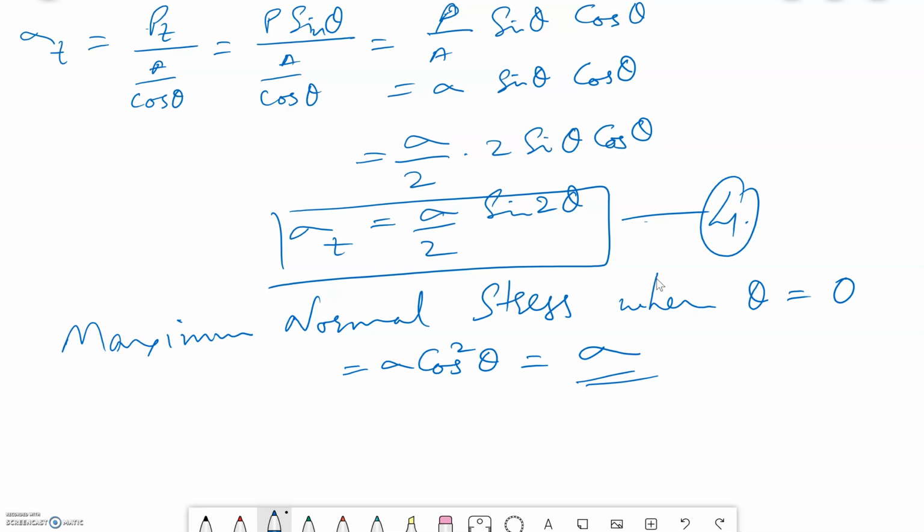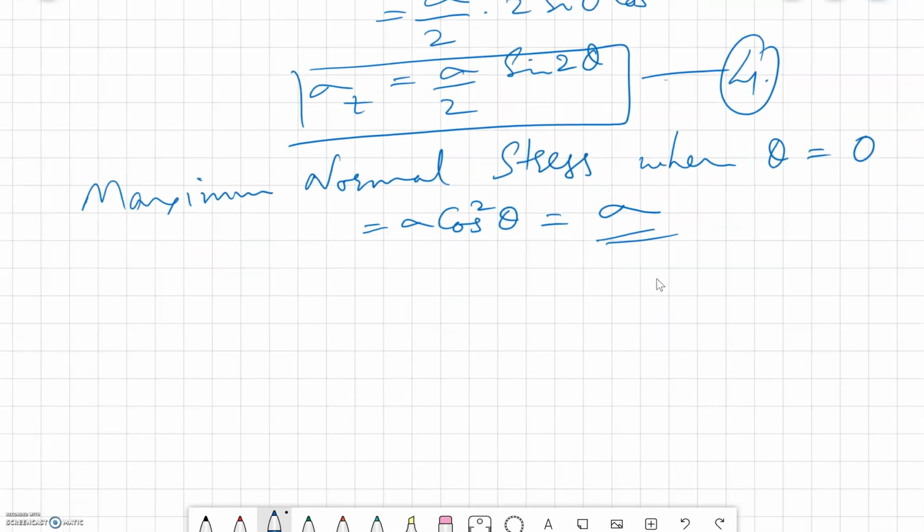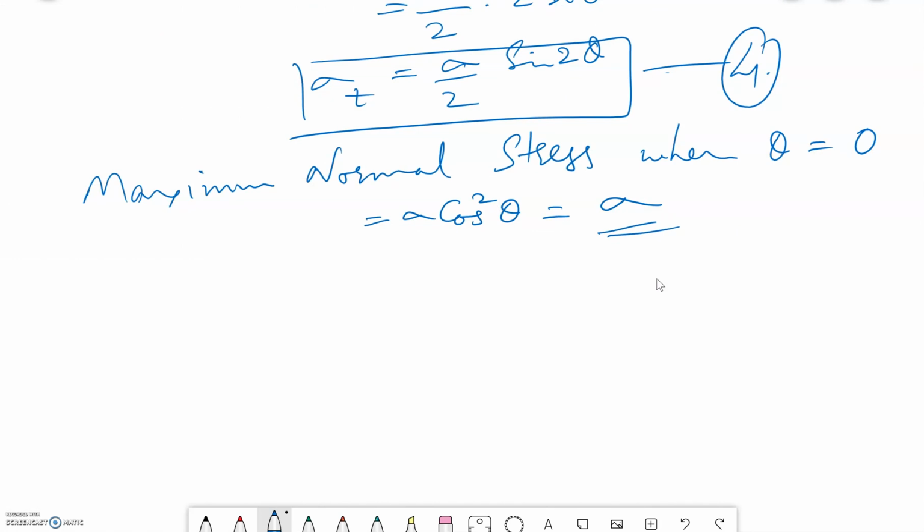Now, another fact to note from your equation 4 is that the maximum tangential stress, or the maximum value of shear stress acting on the plane, occurs when sine 2 theta has its maximum value. When will you have sine 2 theta maximum? Only when sine 2 theta is 1, or 2 theta is 90 or 270, or in other words, when theta is either 45 or 135. That is when your tangential stress will be maximum.